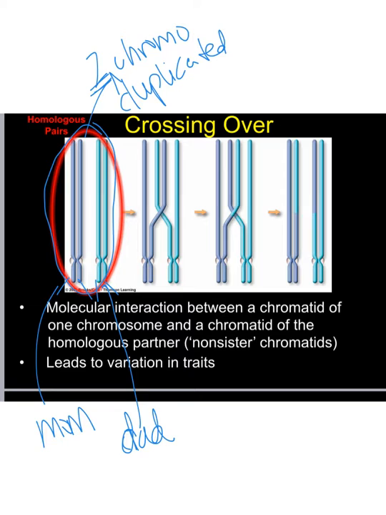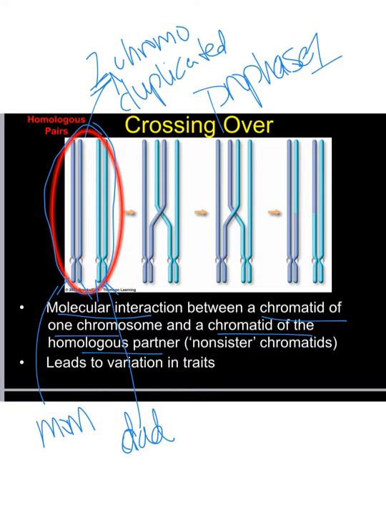So what can happen during prophase 1, and this only happens during prophase 1 of meiosis, is that the non-sister chromatids exchange pieces. This is a molecular interaction between a chromatid of one chromosome and a chromatid of the homologous partner. So you see here we have exchange between the light blue piece and the teal piece.